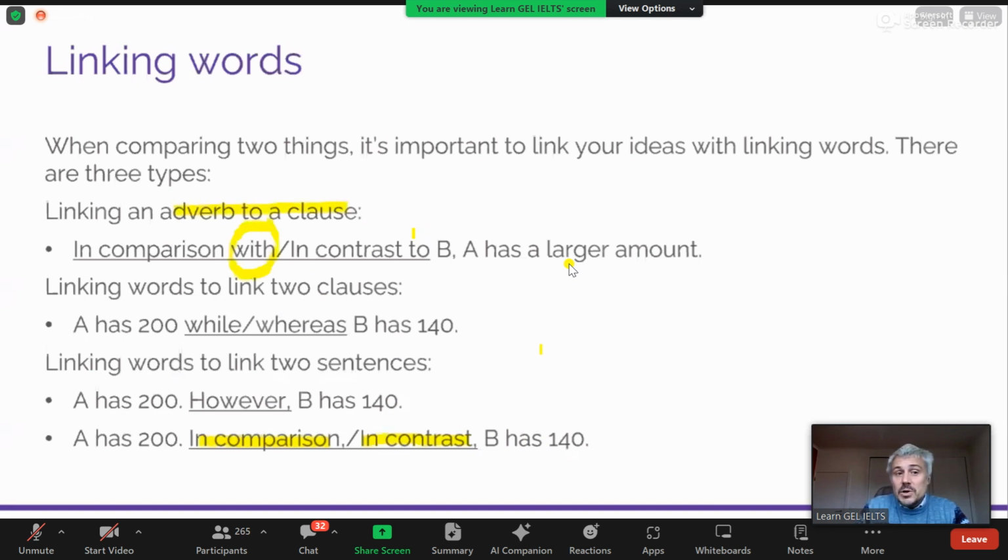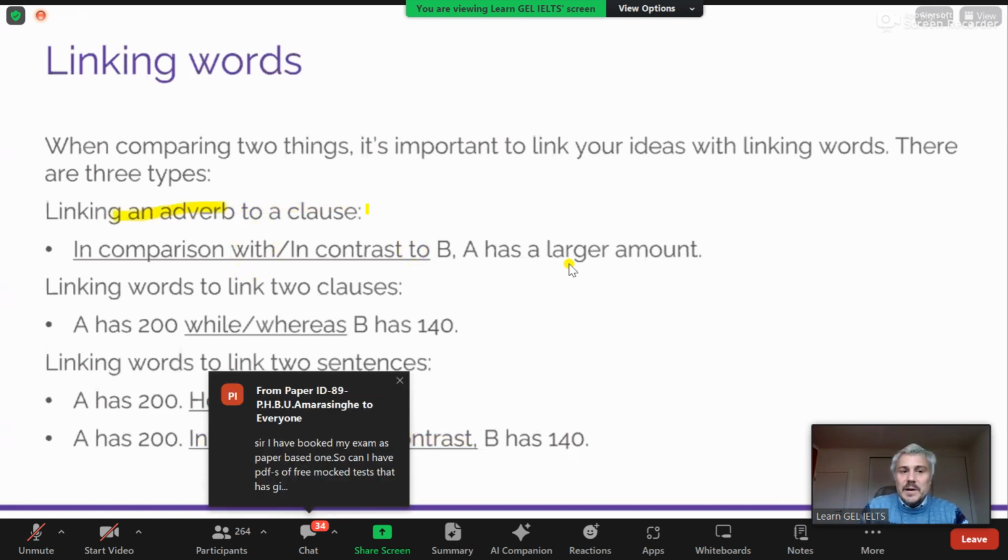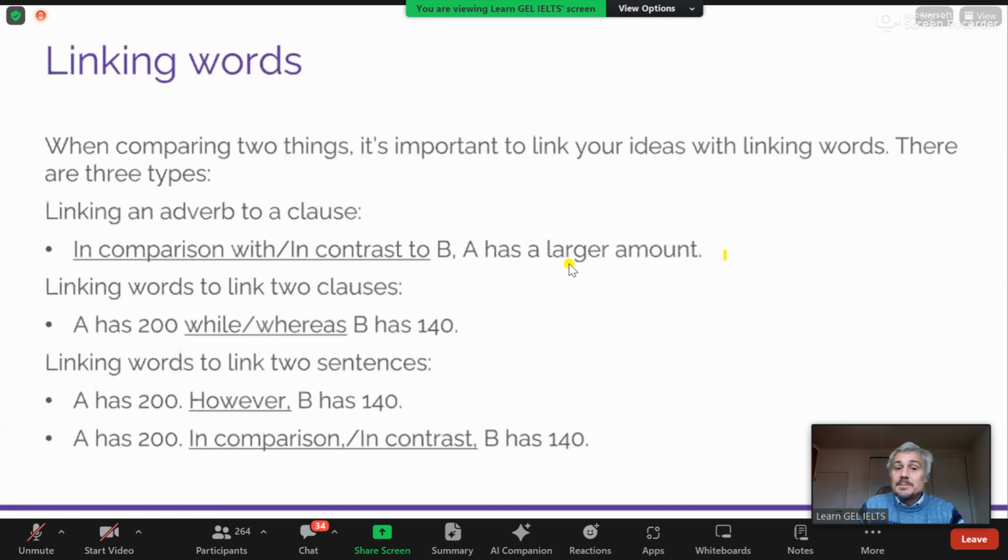We do not use the prepositions when we are linking two sentences. Okay, so we've got linking adverbs to clauses, linking two clauses, and linking two sentences. Let's practice this, everybody. I'll give you 10 seconds to look at this page, and then we will practice.